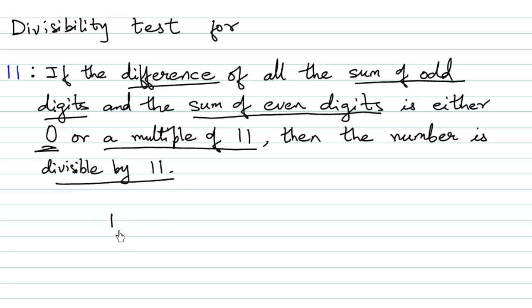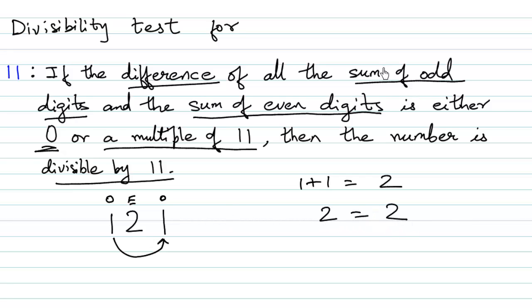So let's take an example of 121. So this is the first digit, units place, then we have the tens place, then the hundreds place. So this is, let's say, the odd digit, this is the even digit, this is the odd digit. So add all the odd digits together. So we have 1 plus 1, and that is 2. And we have only one even digit, so that is 2 itself.